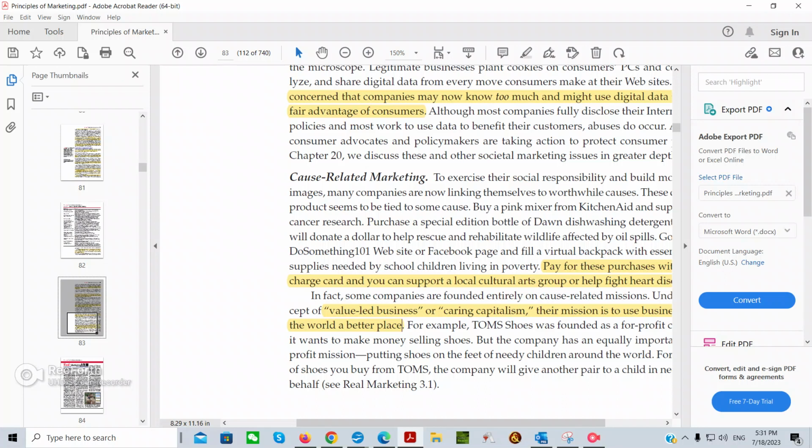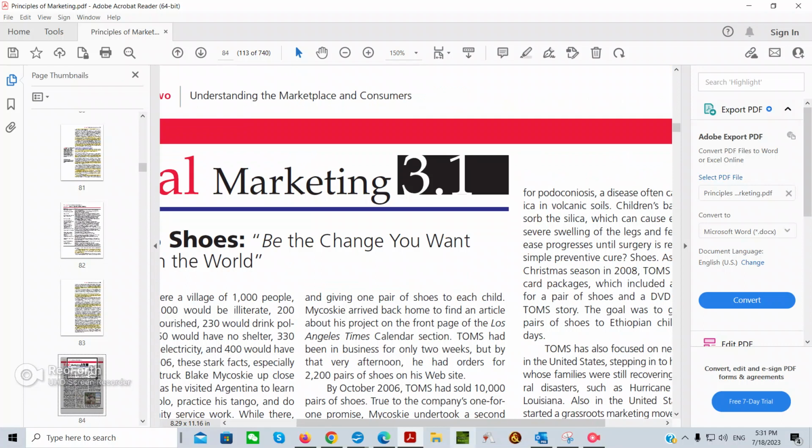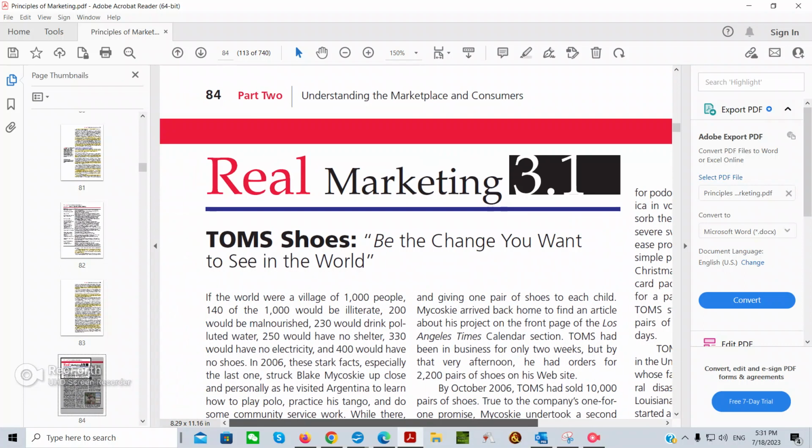You can see that's socially aware, cause-related marketing, almost charity-related. Not only does it encourage people to buy more, but it also increases the PR image of the company.